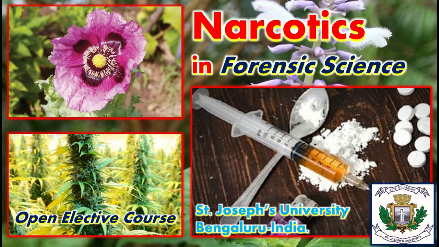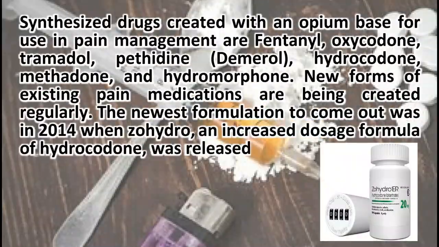There are many plants from which narcotics are derived, but later people started synthesizing narcotics by artificial methods also. Thus, narcotics may be naturally produced, or they may be synthetic.